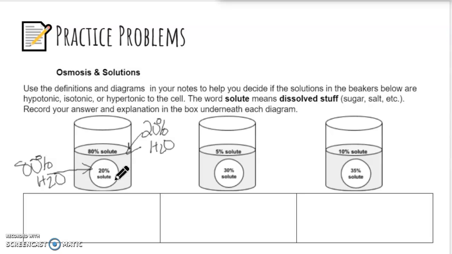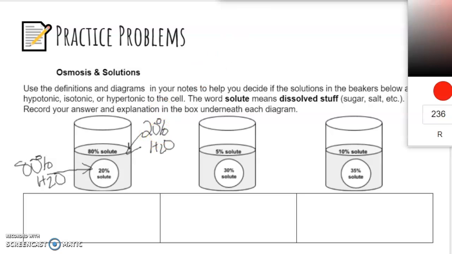Now we're looking for where the water moves. Remember that osmosis is the movement of water. So we have 80% in here and 20% here. Because water goes from an area of high concentration to an area of low concentration, the water is going to move out of the cell. So the cell is going to shrink.